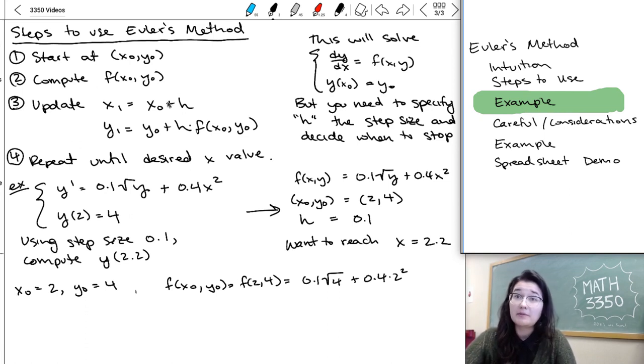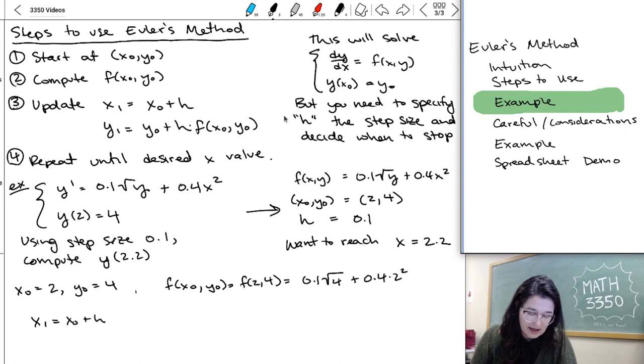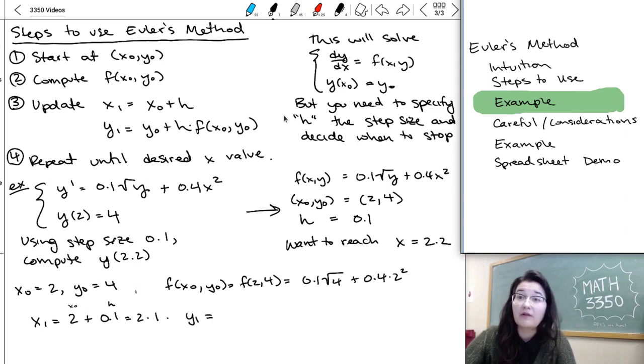So when I get to my update point, I want to say, okay, x1 is x0 plus h. So that's going to give me 2 plus 0.1. That's my x0, that's my h, which is 2.1. And then y1, we're going to follow this formula.